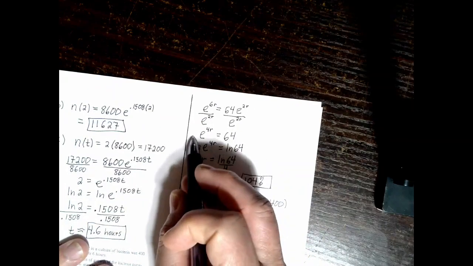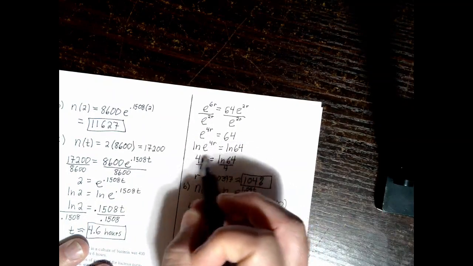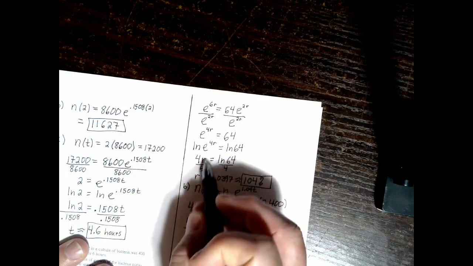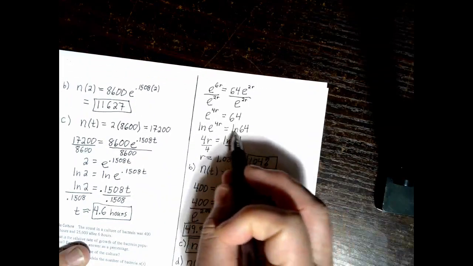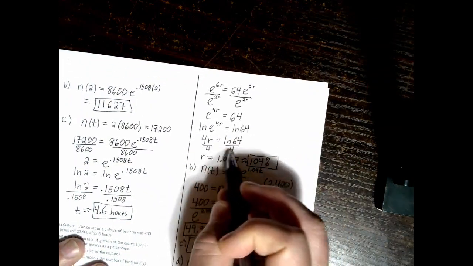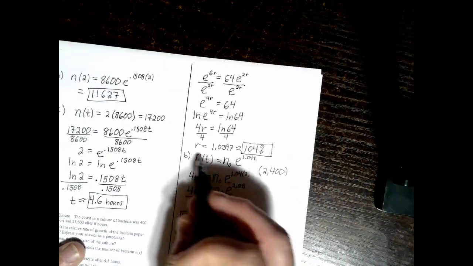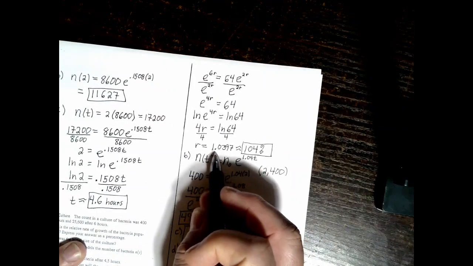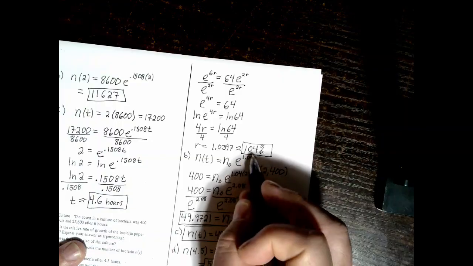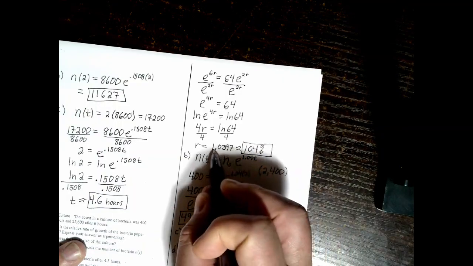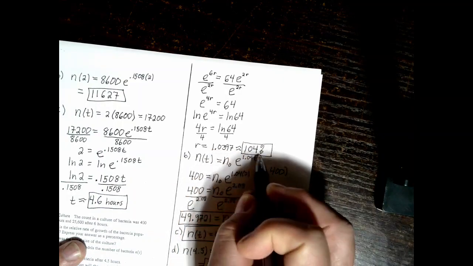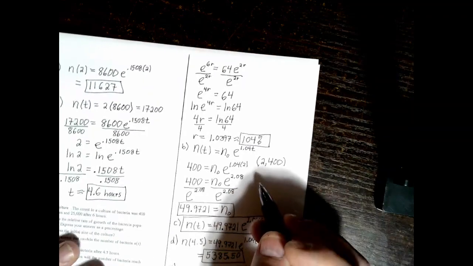And now you can take the natural log of both sides. Natural log of e to the 4r is just 4r. And natural log of 64. Divide by 4, and now you finally are able to figure out what r is. It's 1.0397, which is 104%. 103.97, which is approximately 104%.